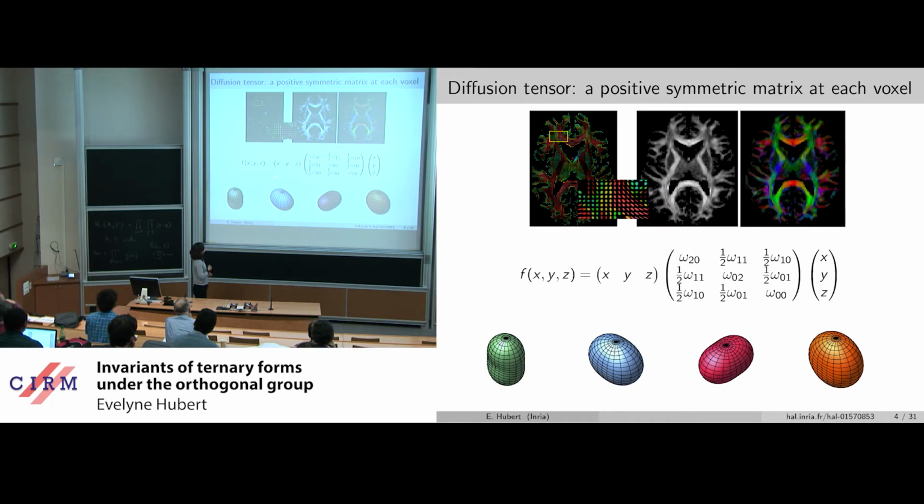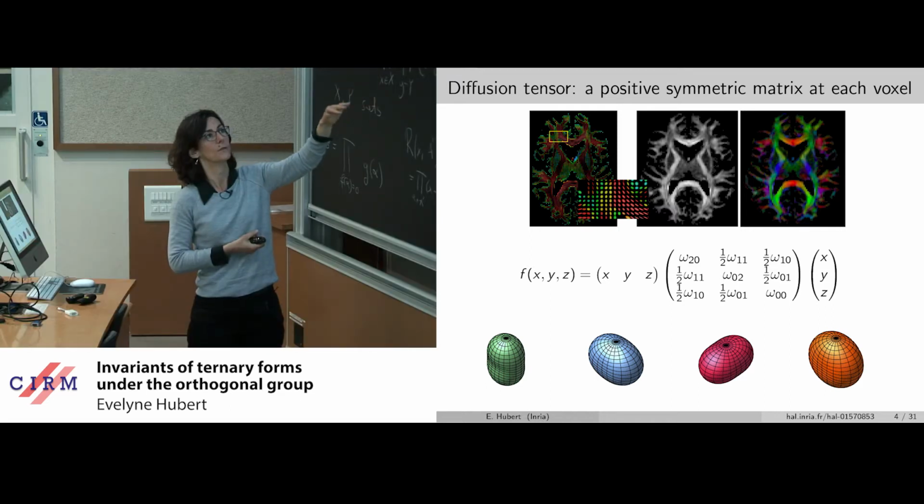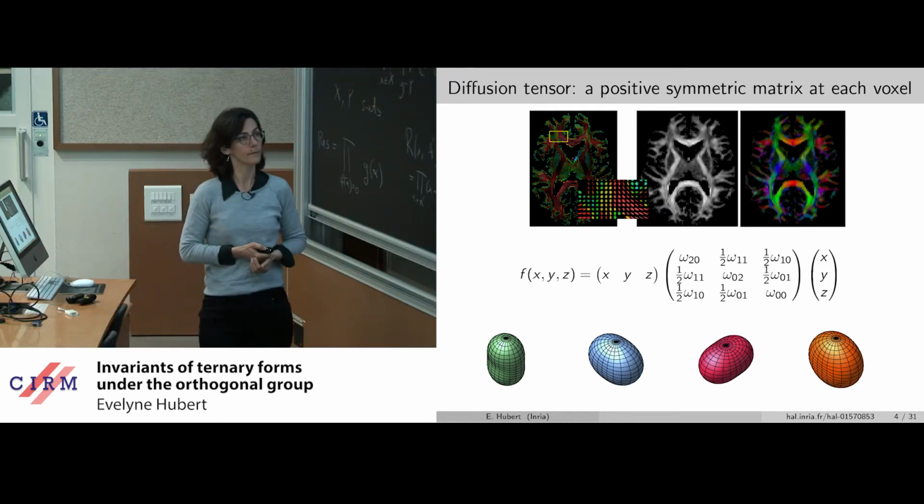So the first model is a degree 2 polynomial, which is basically a symmetric matrix. The diffusion that you can model with that is given by this type of form, and those are the images of the sphere under your function.